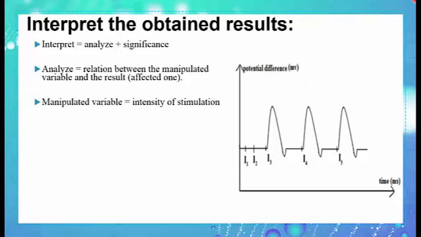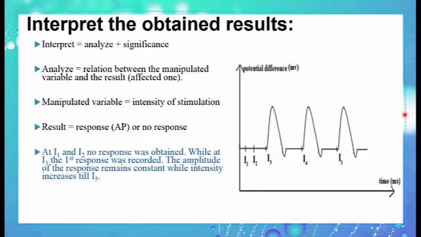The manipulated variable is the variable that we change, so it's the intensity of stimulation because it's increasing. We have two results: no response, no action potential, like the cases of I1 and I2, or an action potential like I3, I4 and I5. So at I1 and I2, no response was obtained, while at I3, the first response was recorded.